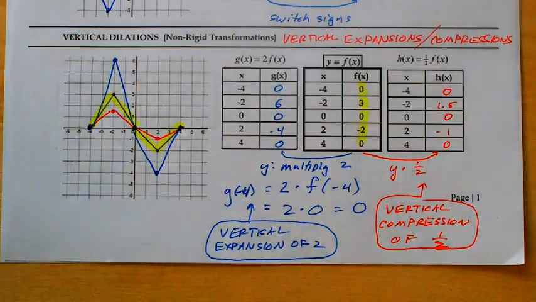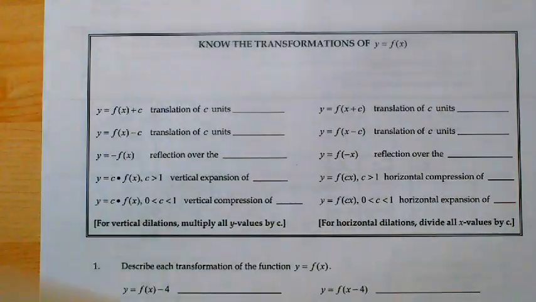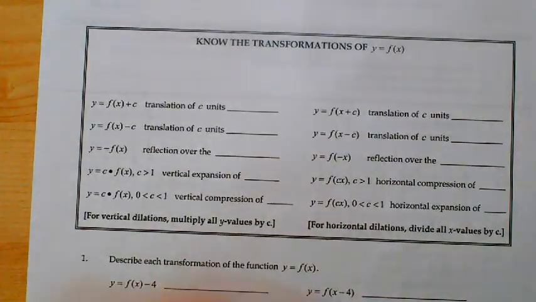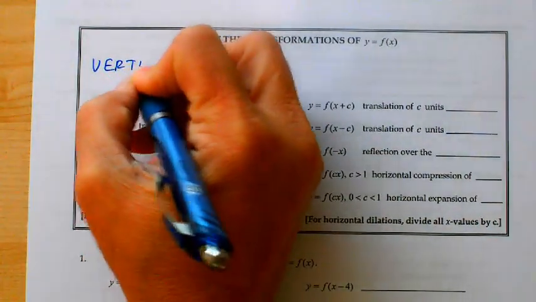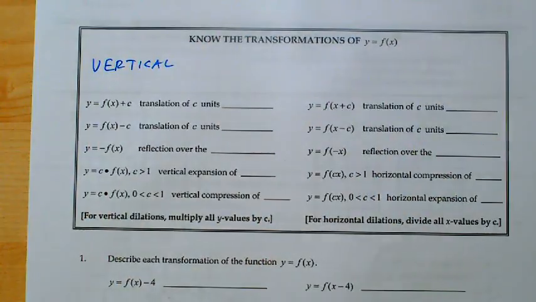I'd like you to flip to page 3 now in your notes. And I'd like us to just fill in a couple of the rules that we just saw. So certainly everything here in the first column is a vertical transformation.